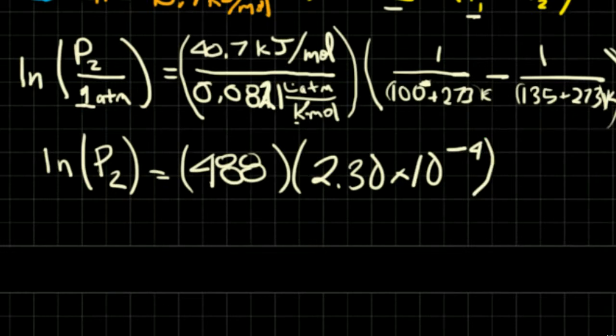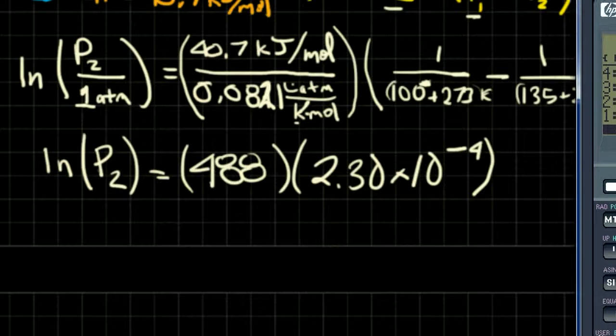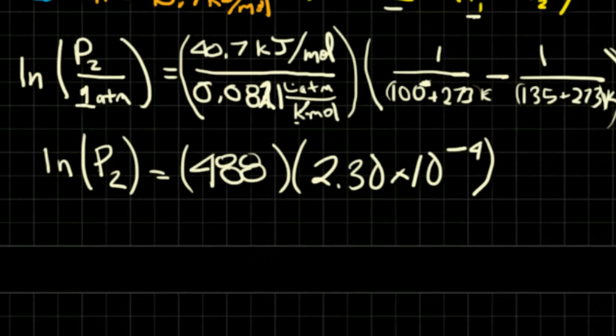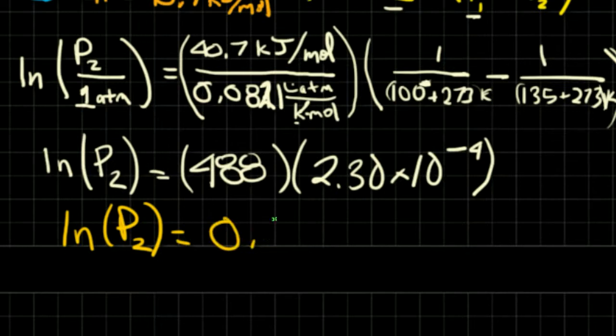And now I think we just multiply those out and we'll be good for the next step. So multiply that out, and I get that the natural log of P2 is going to be equal to 0.112.